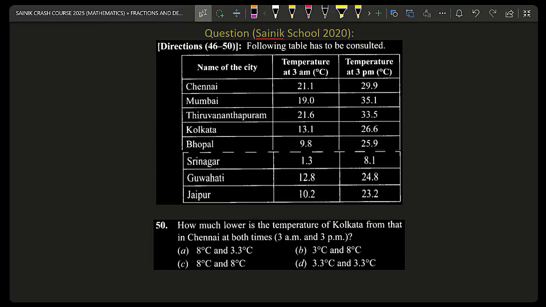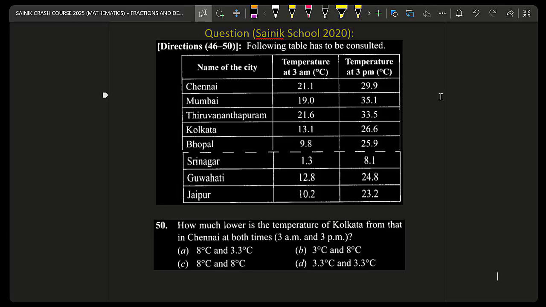Okay, let me ask Varshita, can you solve this question? Varshita, first read the question. How much lower is the temperature of Kolkata from that in Chennai at both times, 3 a.m. and 3 p.m.? At both times, what should we do first?